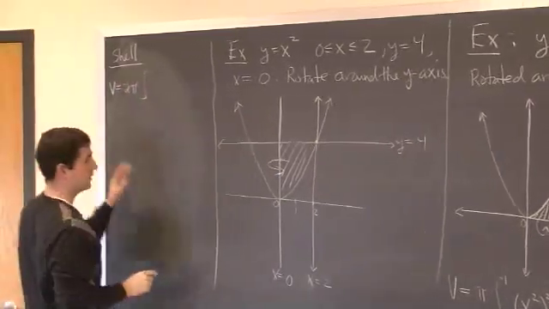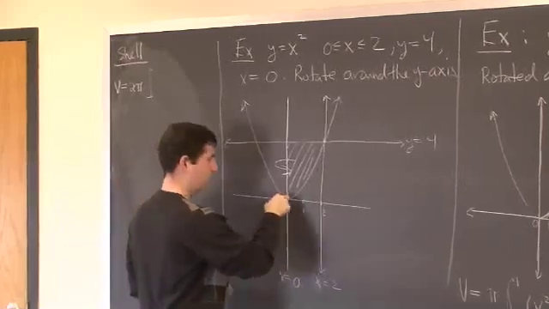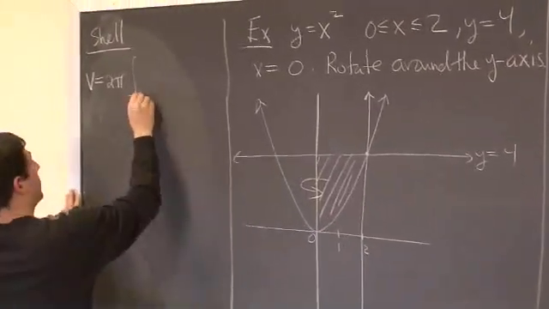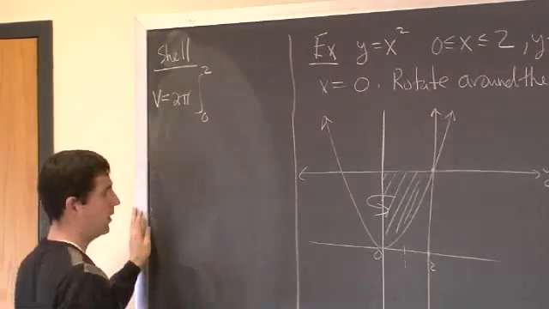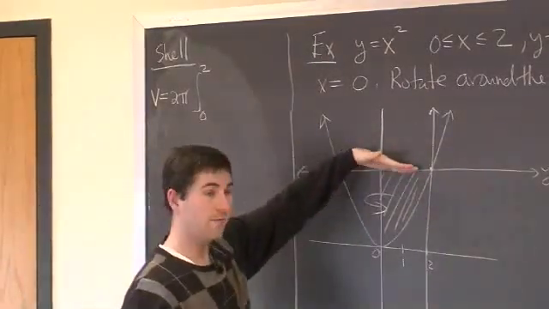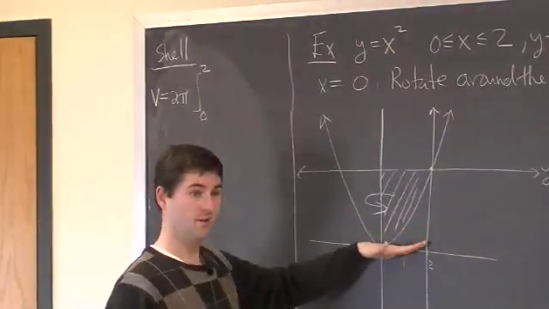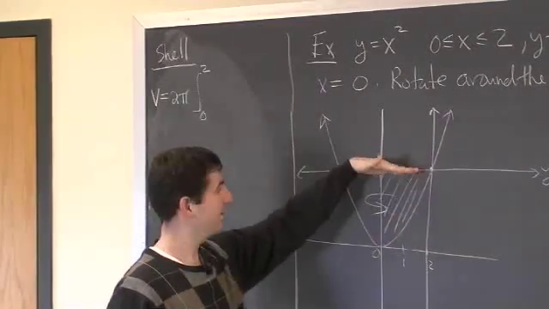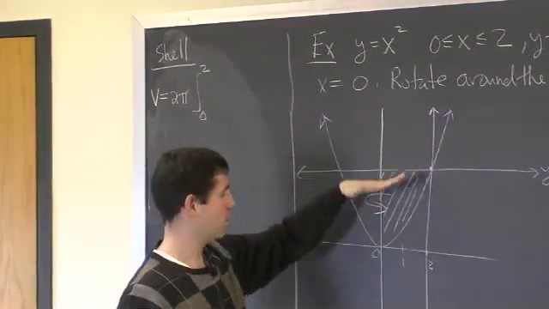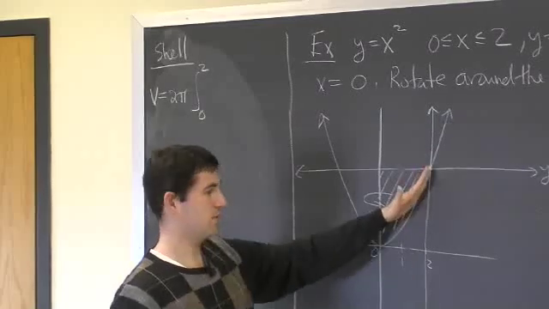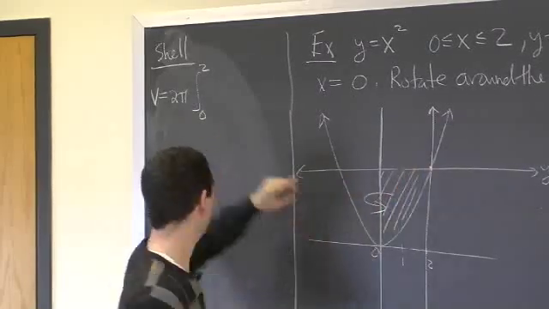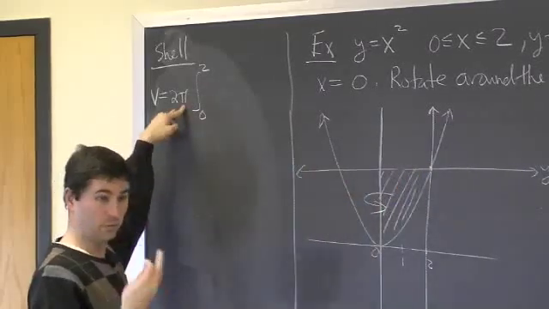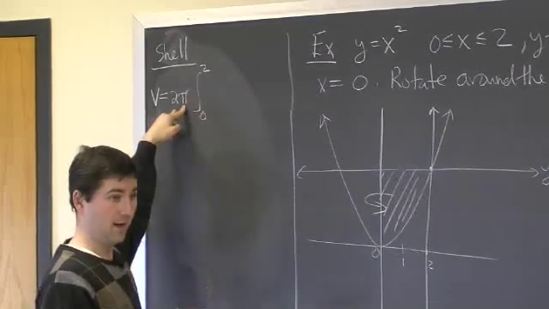You have to integrate from 0 to 2. And now you have to do your top function minus your bottom function, just like with areas. So the top one is 4 minus the bottom one, x squared. And of course, you can't forget, 2 pi should come from 2 pi r. In this case, it becomes 2 pi x. Yeah?